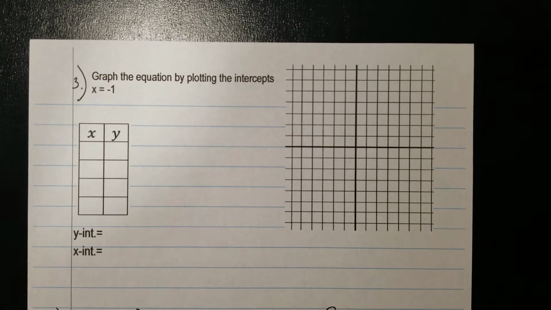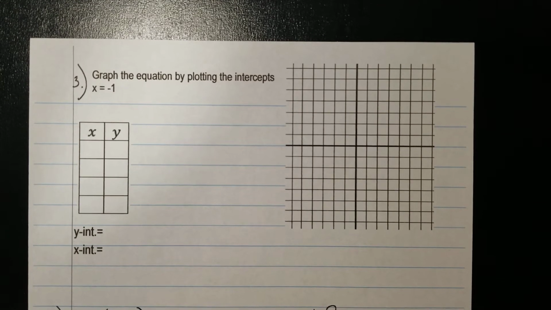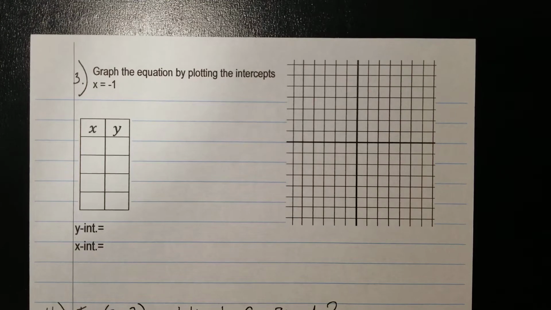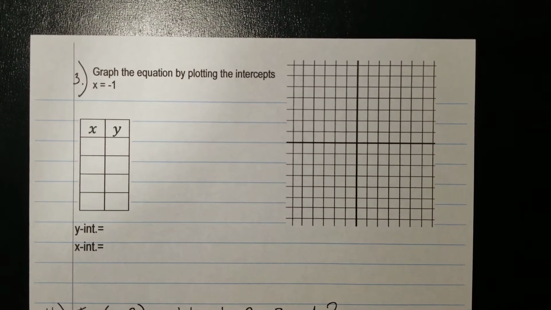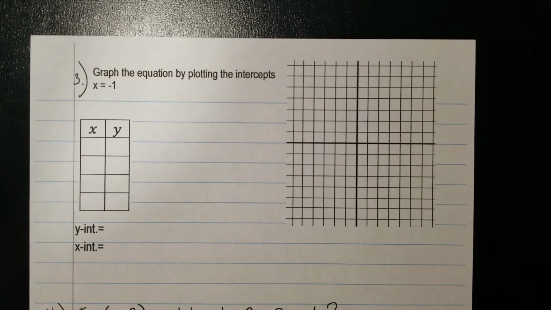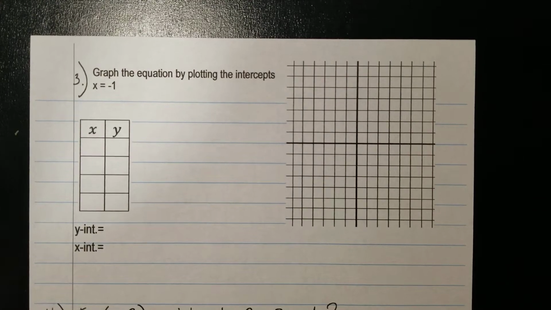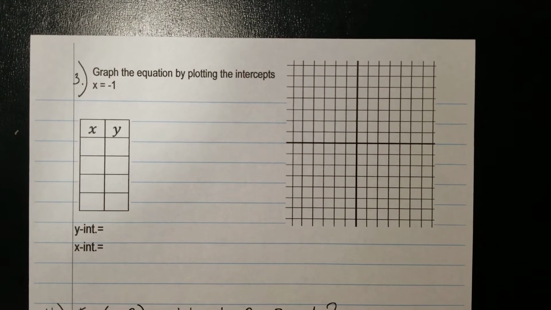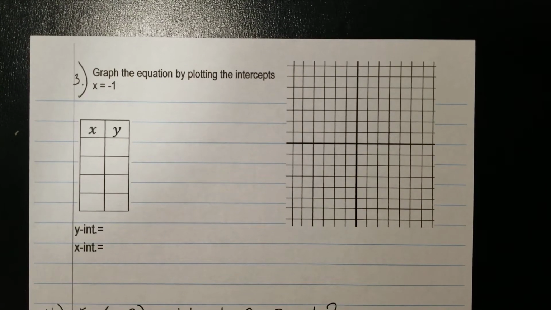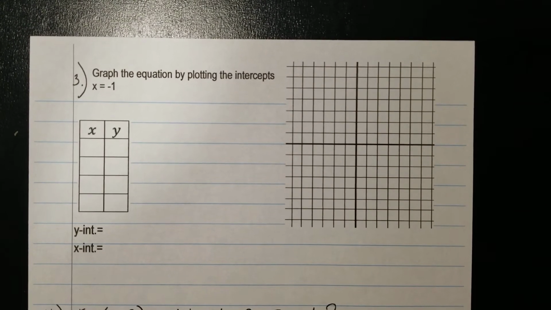If it says graph it by plotting the intercepts, you have to plot the x and y intercepts and graph it. And if you plot different points and not those, then it'll count it wrong. And you'll be really upset and you'll be emailing me because you'll see that their answer looks exactly like your answer, but they said it's wrong. But the reason why will be because you didn't do the intercepts.